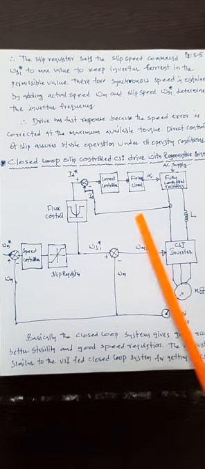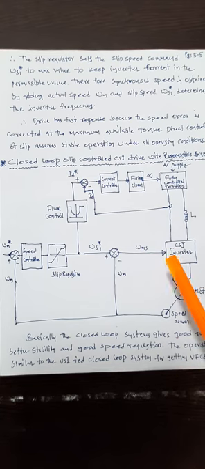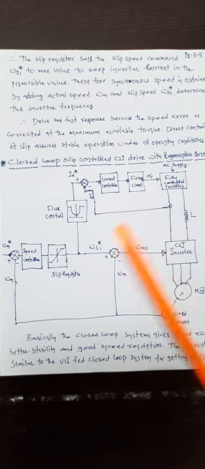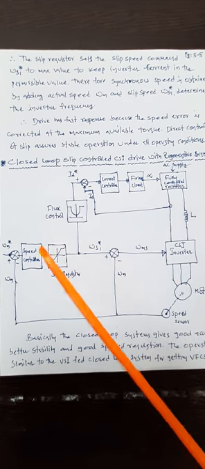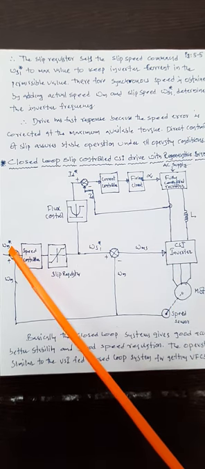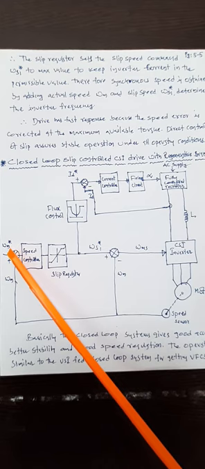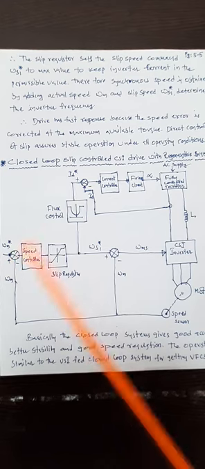All these closed loop systems are required for better accuracy, better stability, better speed regulation. All these purposes we are coming for the closed loop operations. The intention of closed loop operation is that you keep one reference pin and the drive will always follow that reference.